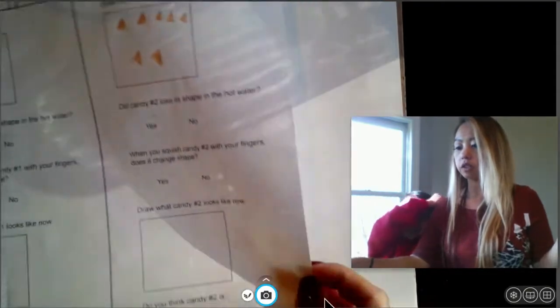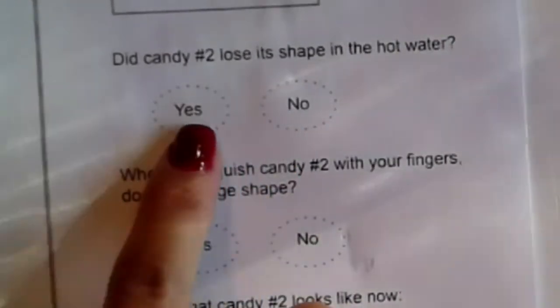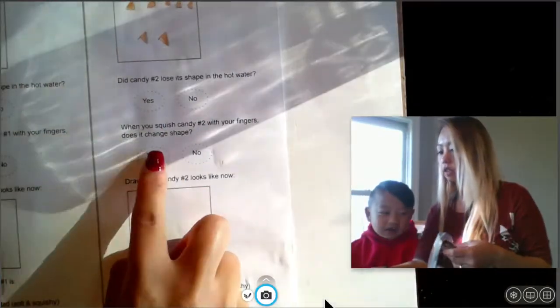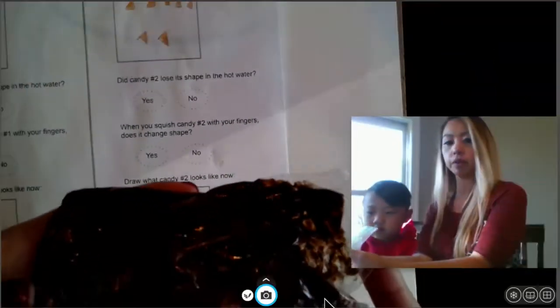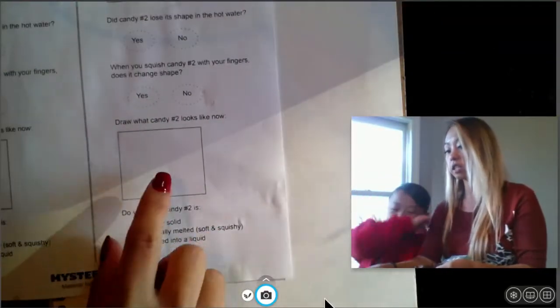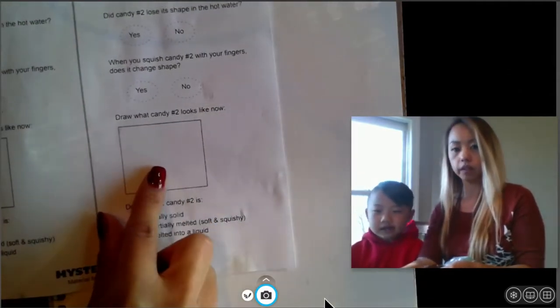Looks like pudding. Pudding, yep, it does. So this obviously melted. So on his handout, Ashton is going to say, did it lose its shape, Ashton? Yeah. Yes, it did. And when you squish the candy with your fingers, did it change shape? Yes, it did. And he's going to actually draw what it looks like now in this square.